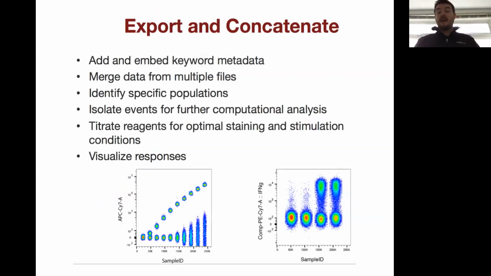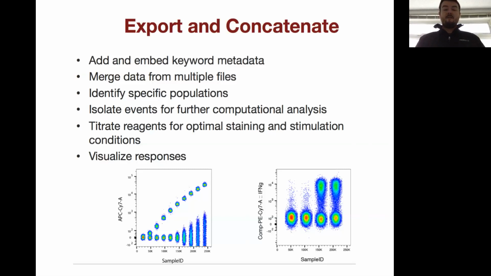Now, export and concatenate. This is another really important and advanced feature within FlowJo. It allows you to export particular populations of interest, or even to combine populations or samples of interest into a single data file outside of FlowJo, but these data files can then be re-imported into FlowJo or opened in another software, even exported as CSV files for import into something like Excel.